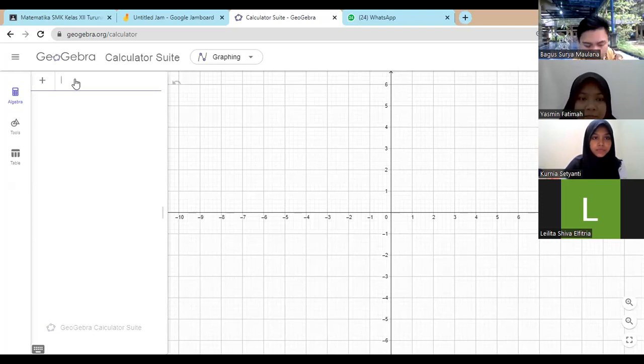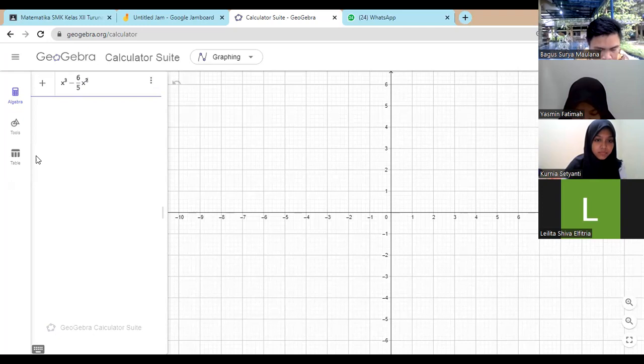Then what is the function of it? Let me say x to the power of 3, and x to the power of 5. Okay, I'm going to explain the diagram.